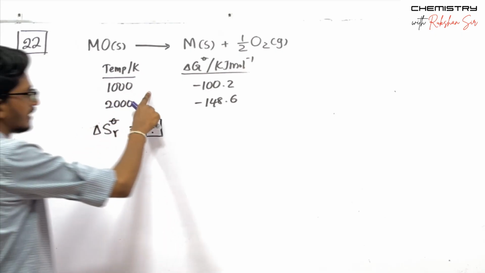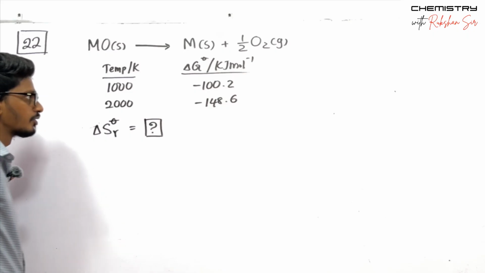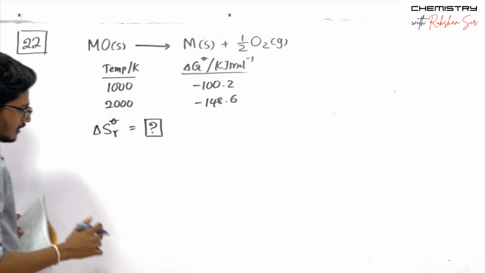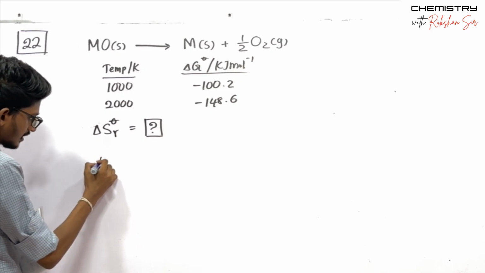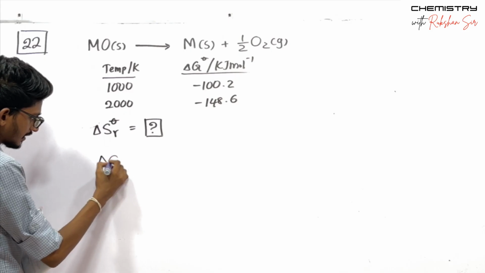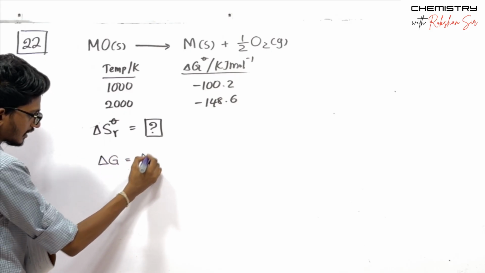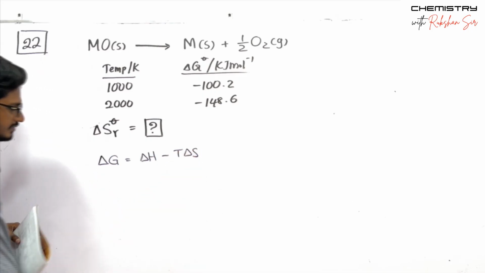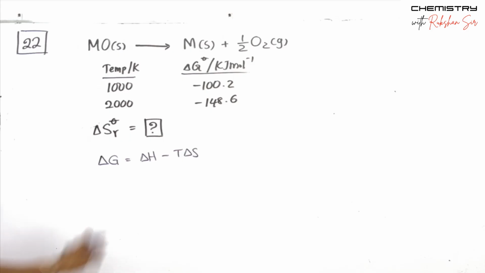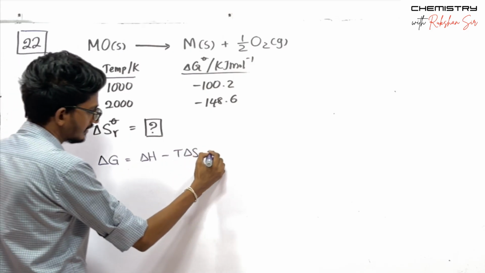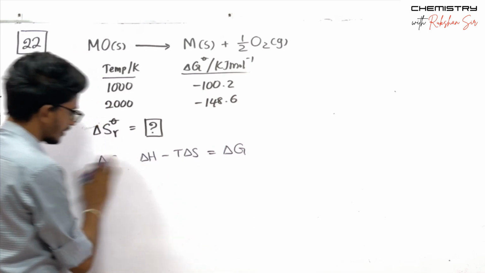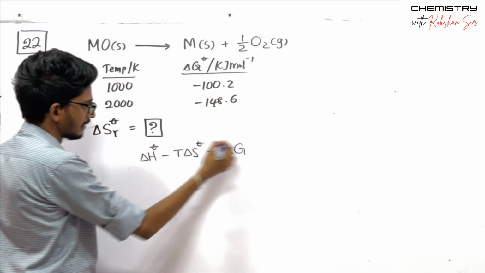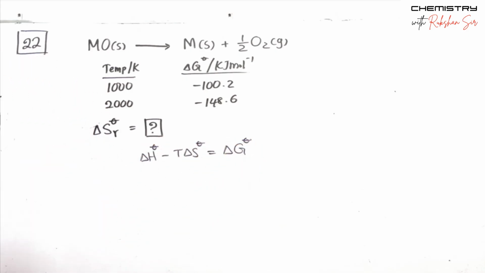So two temperatures and two values of delta G are given. We can apply these to the delta G equation. We know delta G is equal to delta H minus T delta S, or one can say delta H minus T delta S is equal to delta G. I'll take it like this.